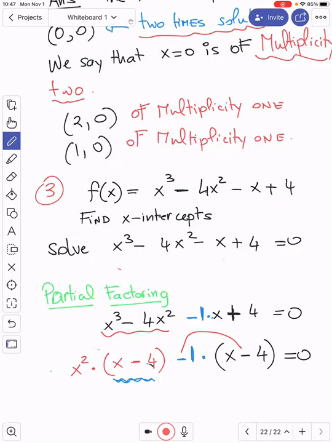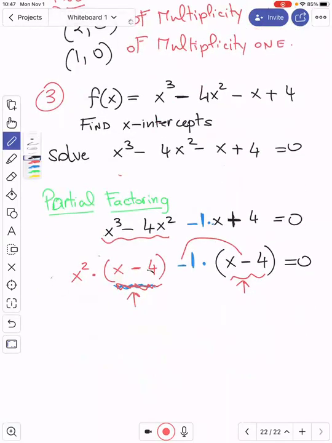Now, as you can see, I got x minus 4 as a common factor. There's an x minus 4 here and x minus 4 here, because I pulled out the negative 1.